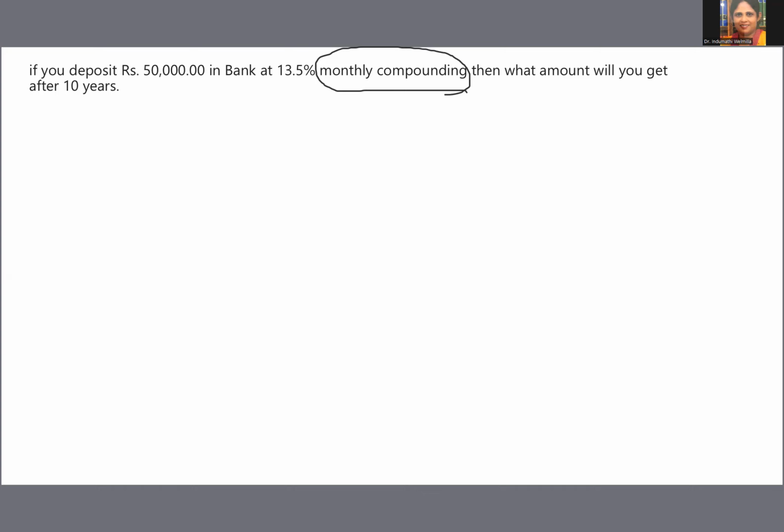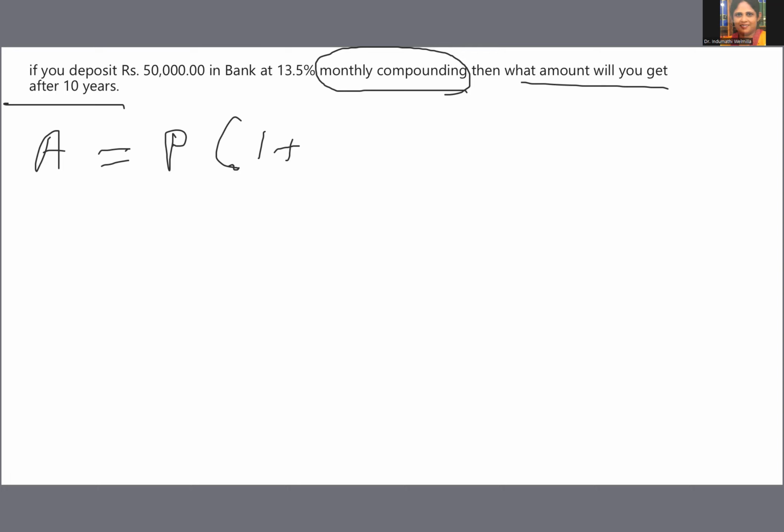In here you can see it is asking what amount will you get after 10 years? That means A, the total value, right? A equals principal amount times 1 plus what is our R now? Our R is 13.5%.